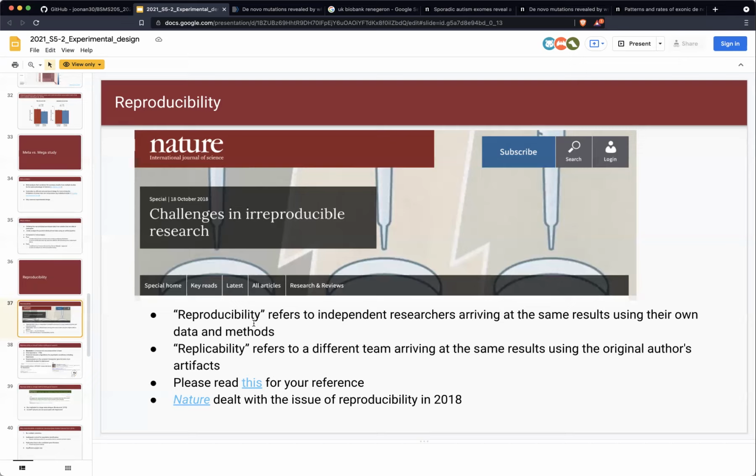The value of novelty still exists these days, but the value of reproducibility is much more considerable. So people start caring about whether a research result is reproducible or not.